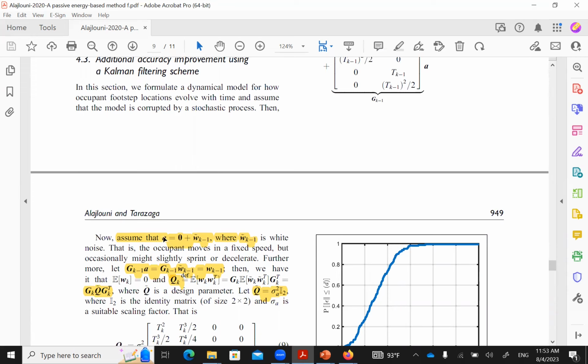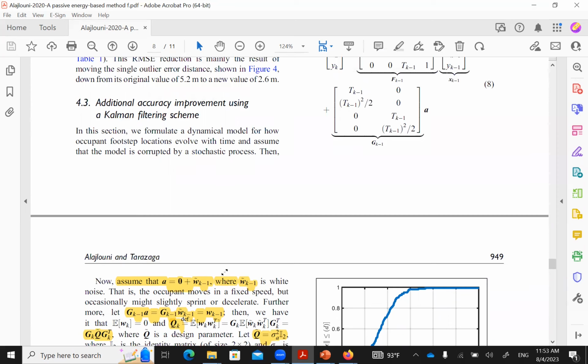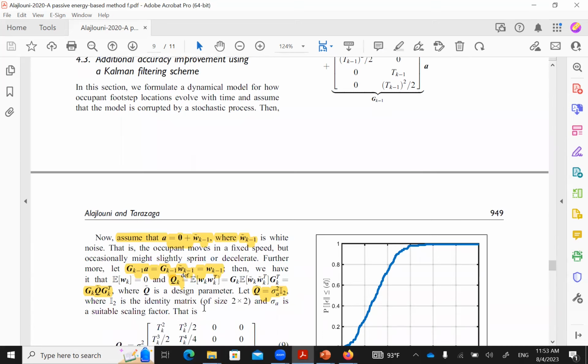But wait, now this acceleration is multiplied by this G matrix. So G is multiplying W tilde, and this becomes our disturbance W. Now guess what the mean of this W is? There's no guessing here. The mean of W, the expected value of W, is G times the expected value of W tilde, which is 0.